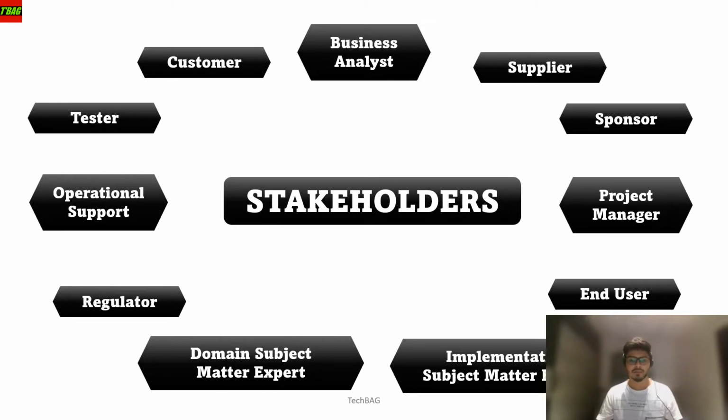The stakeholders are the business analyst, operation support, the domain subject matter expert, project manager, end user, implementation subject matter experts, suppliers, customers, sponsors, and testers. These are all the kinds of stakeholders who are involved in the day-to-day activities as a BA. Now let's look into each one of them and understand how they are actually dealing with a BA task. So let's get started with the stakeholder first.